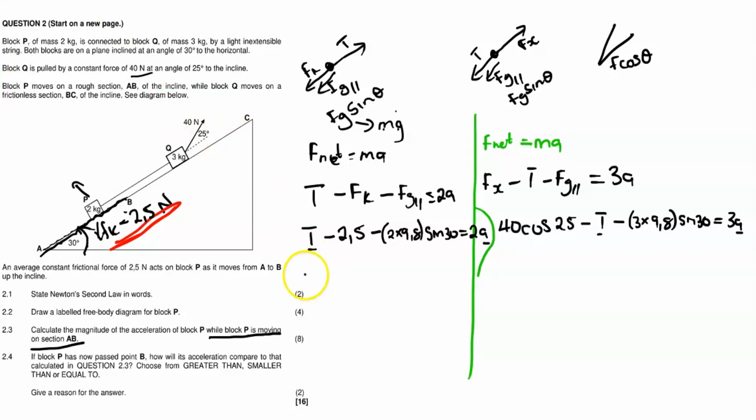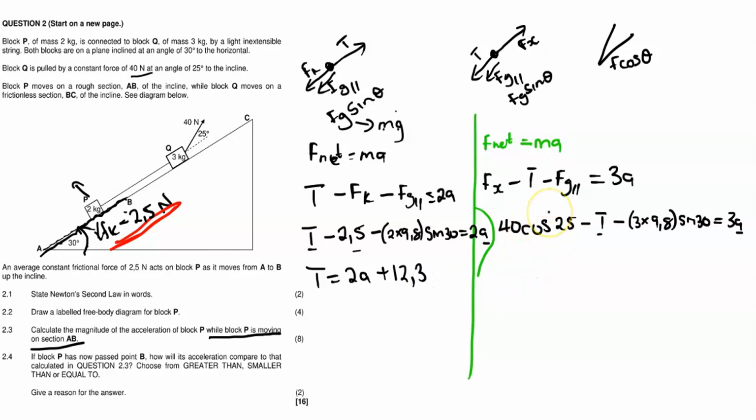So T this side is going to be equal to, let's just punch this on our calculator, 2a plus, and then we punch the 2.5, plus, since they're both negative, 2 times 9.8 sine 30, and then we get 12.3. And then we transpose that. It was negative this side, so when it goes to that side it becomes positive, so it's 12.3.